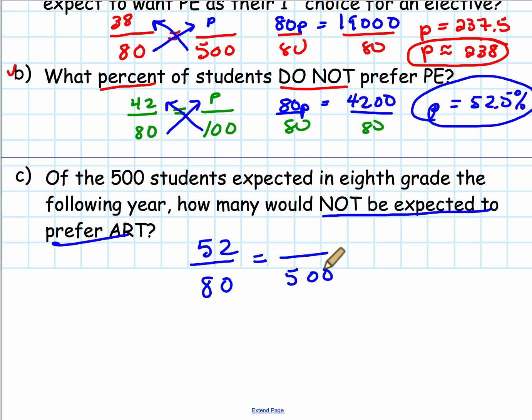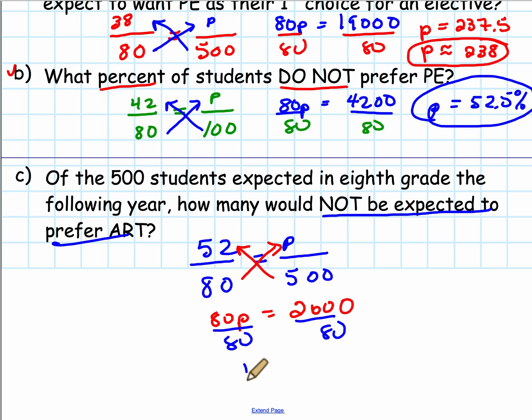Now we can figure out how many that is. Again, solving our proportion, we have 80 times P, 500 times 52. As we finish our solution, we get exactly 325 students would be our expectation of students not preferring art.